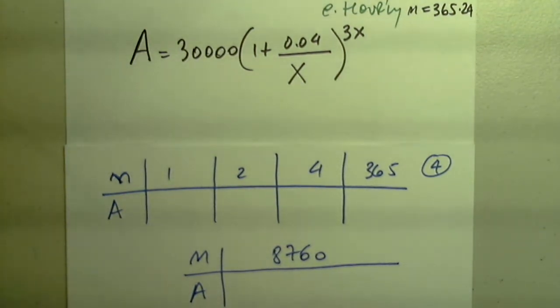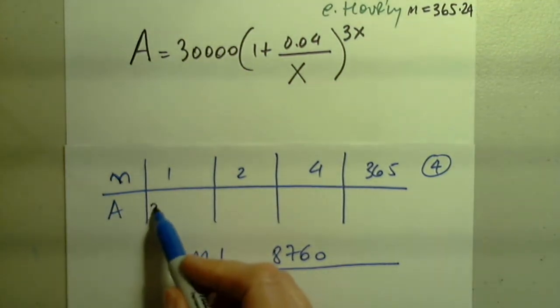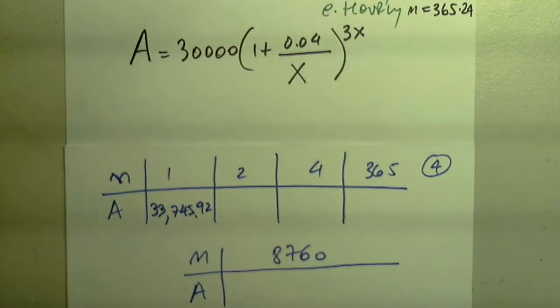Okay, so the first number rounded to the nearest cent, of course. So 33,745.92. Next one, scroll down.